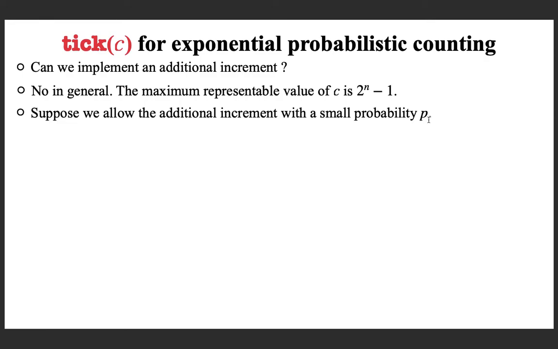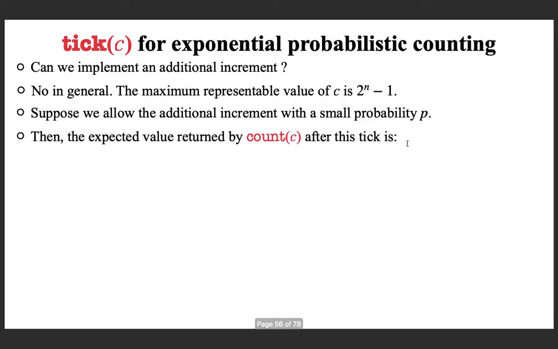Recall from the lecture L48 that in a probabilistic algorithm, it is not prohibitive to allow situations like overflow, division by zero, because this is probabilistic, and if the probability of occurrence of such an error case is very low, you can allow. Suppose we allow that. With a very small probability, say P, you allow an additional increment on C.